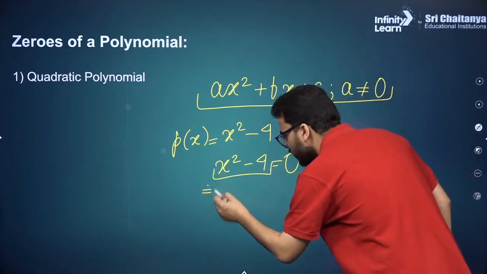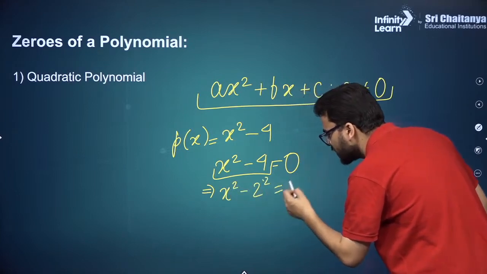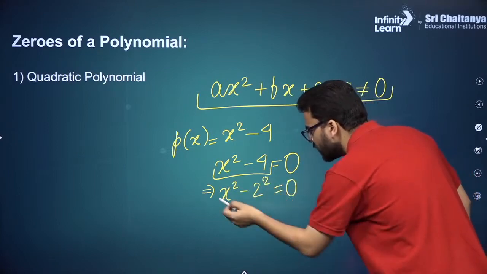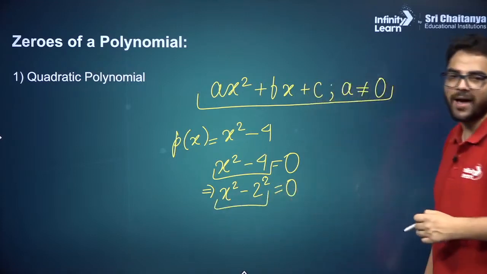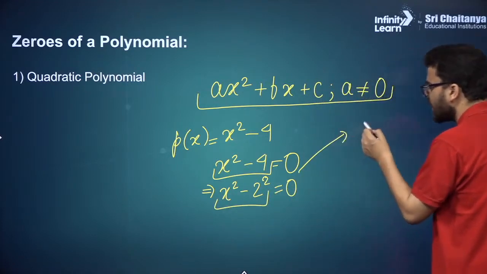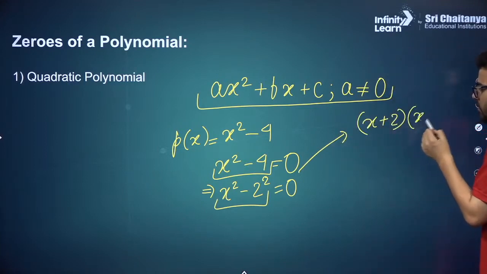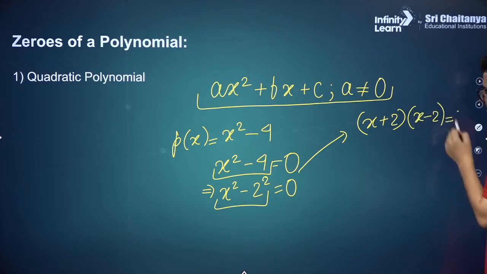So I can write it like this: x square minus 2 square is equal to 0. Now can we use the a square minus b square identity here? You have studied that a square minus b square is a plus b into a minus b. So this gives x plus 2 into x minus 2 equal to 0.